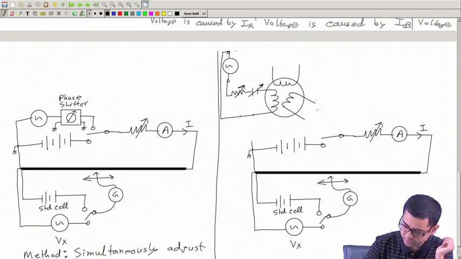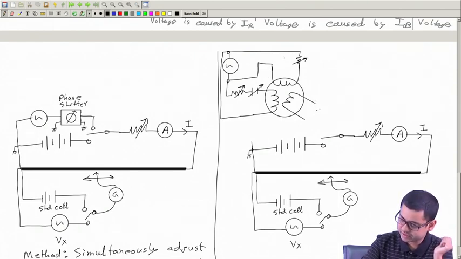So this circuit is complete. Then it is getting the two currents required.